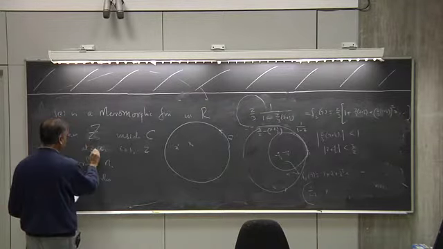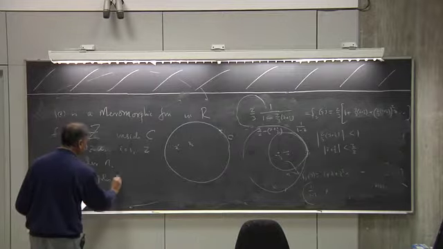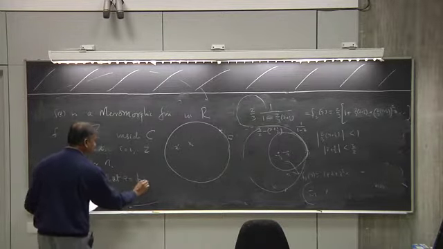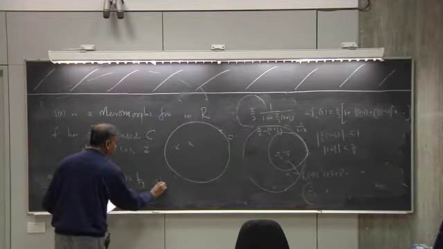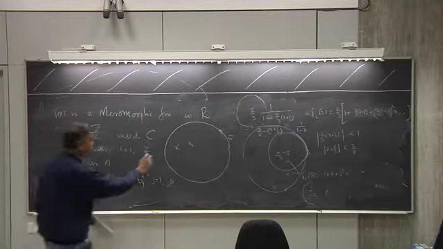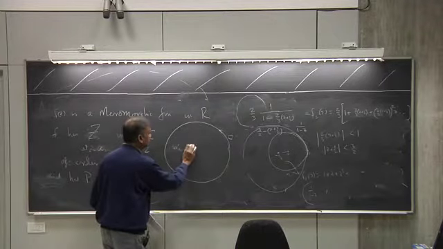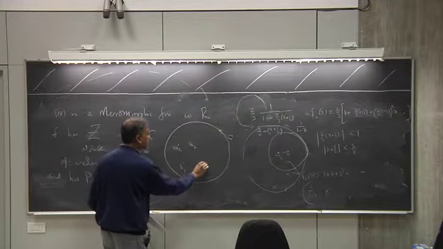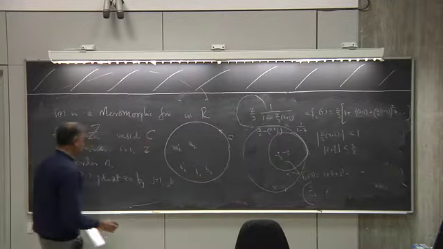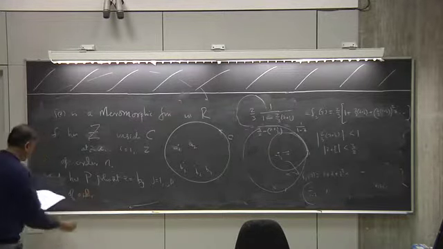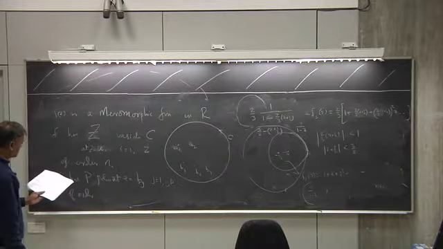So at z equal to bj, where j goes from 1 up to p. Similarly, some points b1, b2, etc., where it has poles of order, let's call it mj.